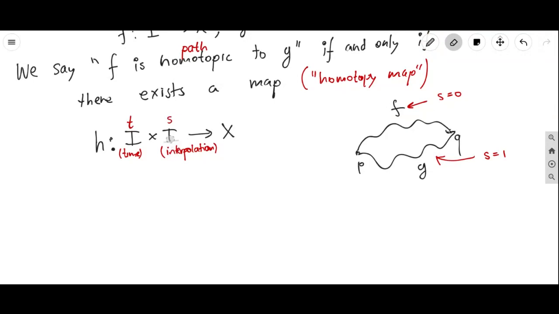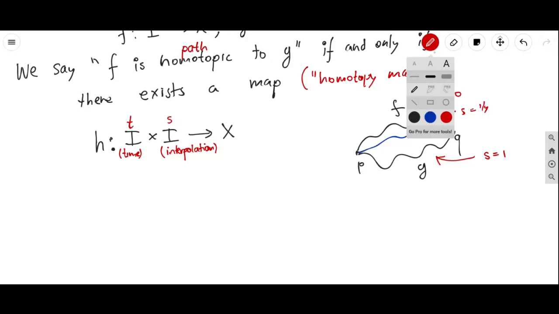If you set S to be any number between 0 and 1, you're interpolating. Interpolation means to fill in the gap. You are interpolating the space that is in between them. So you can have something going like this. Maybe that is what happens when S is equal to, let's say, 1/4. And then here you have something that goes like that. That is what happens when S is equal to 1/2.